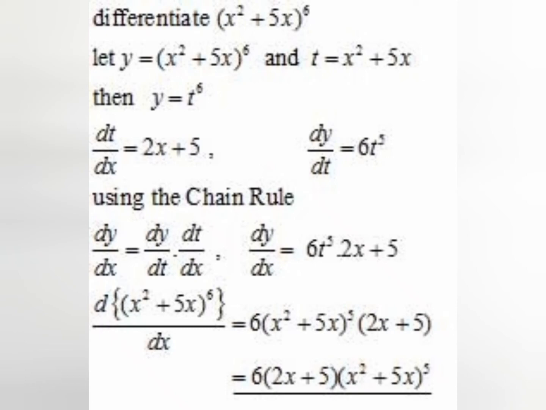So when you differentiate each equation, you will get 2x plus 5 and 6t to the power 5. So using the chain rule, we have 6t to the power 5 times 2x plus 5. Finally, you replace t with the inside bracket.